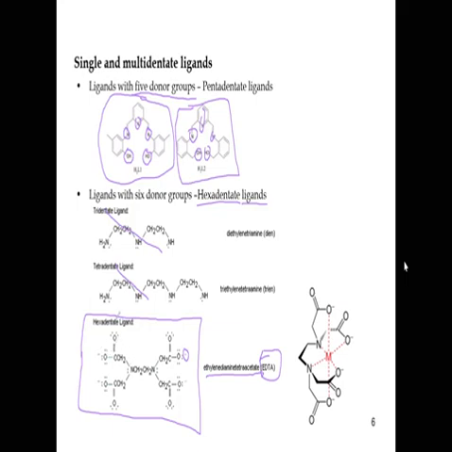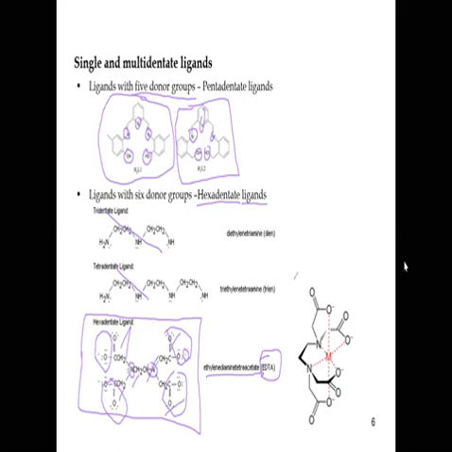From here one electron donor group, another electron donor group here, and here four electron donor groups in the chain, and these two nitrogens are the fifth and sixth donor sites. So there are 1, 2, 3, 4, 5, 6 electron donor sites.